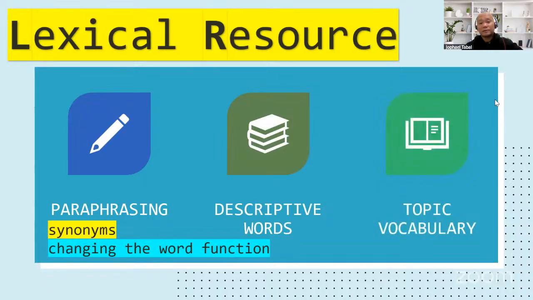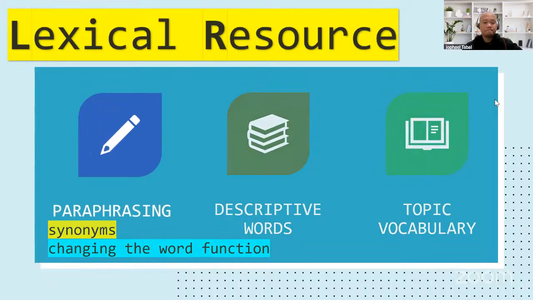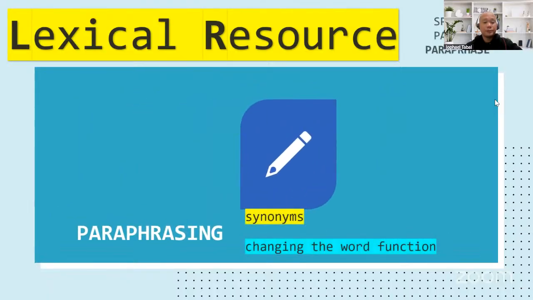And the third criteria for vocabulary is the accurate use of topic vocabulary. So for paraphrasing, we have two ways to paraphrase: one is using synonyms, and the other is changing the word function.